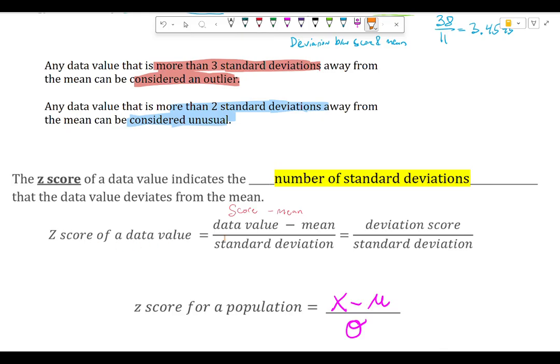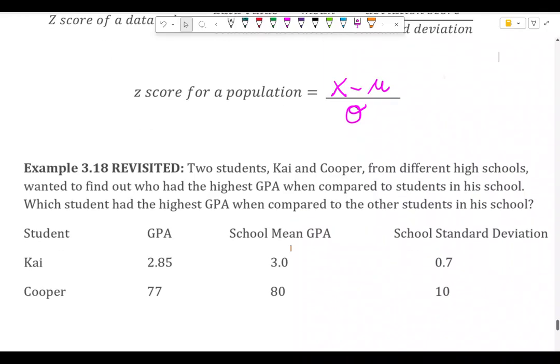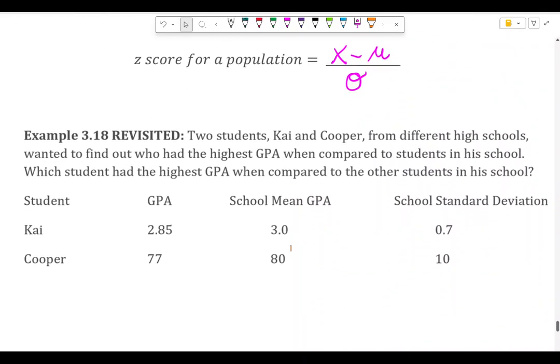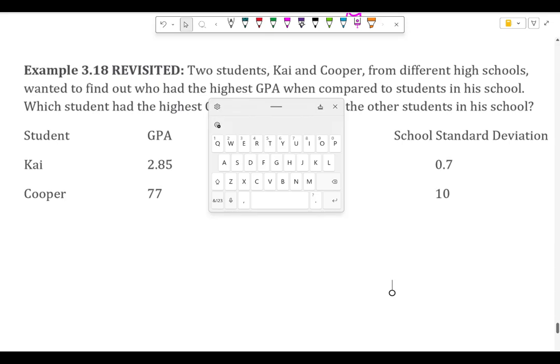It says the z-score of a data value is the data value minus the mean divided by the standard deviation, or the score minus the mean divided by the standard deviation. We can simplify it to the formula on the screen, which is the z-score of a population is the x value minus the mean divided by the standard deviation. Again, the other video will go into a lot more detail. I want this one to be rather quick.